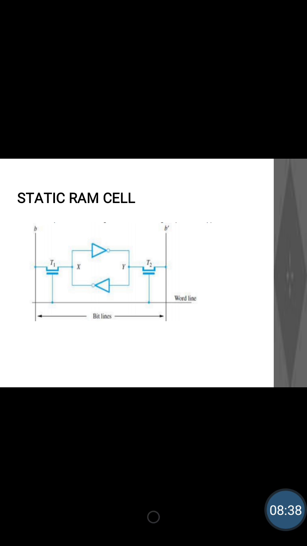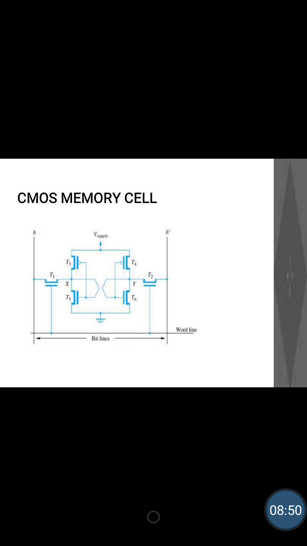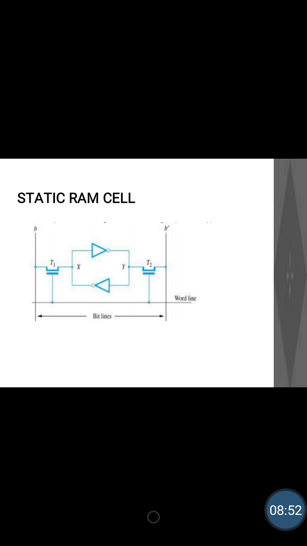If they turn on, they connect B to X, B bar to Y. So X is connected to B, Y is connected to B bar when I turn this word line high. If this is low, then the 2 transistors will be off. Okay. When word line is 0, transistors are off. When word line is 1, transistors will be on.